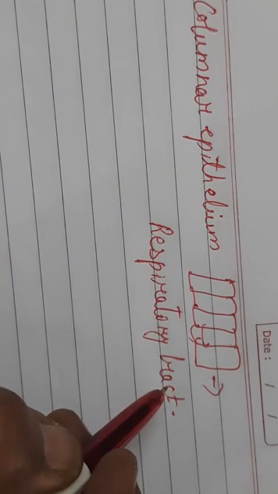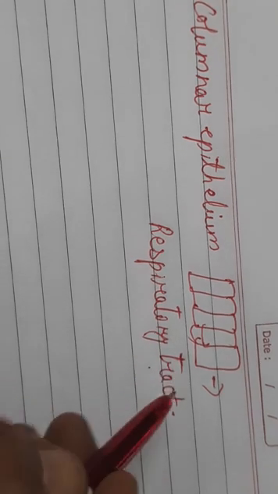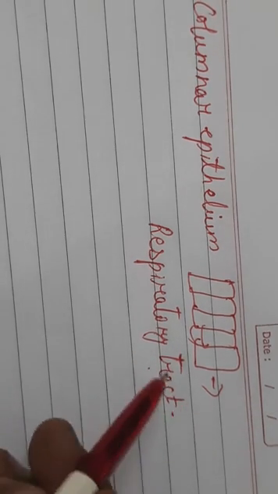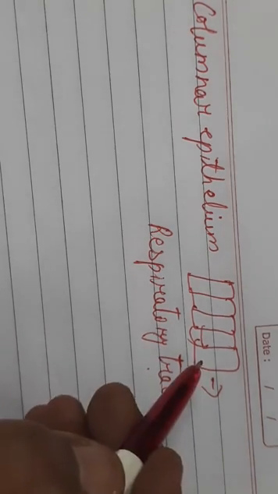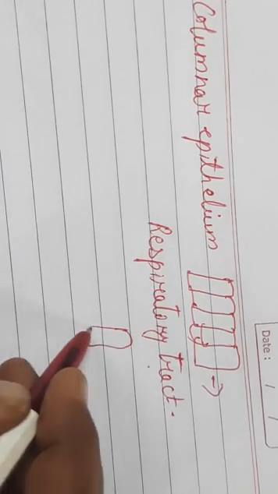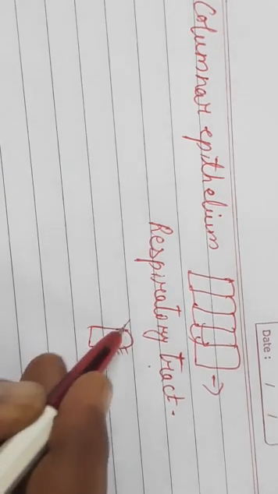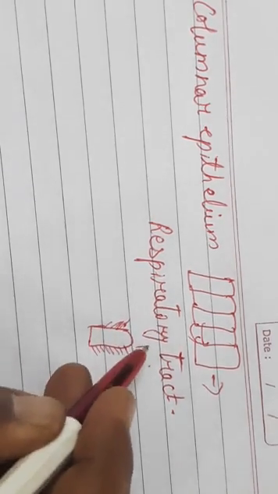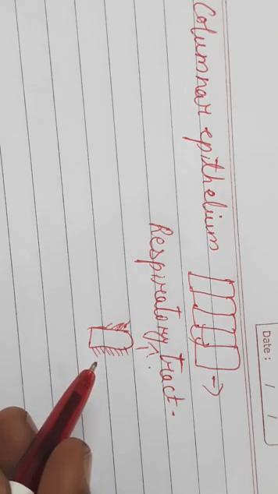In this respiratory tract there is this columnar epithelial tissue. They also contain hair-like projections. For example, if this is columnar, they have hair-like projections on top, especially in the respiratory tract. Now why is it so?